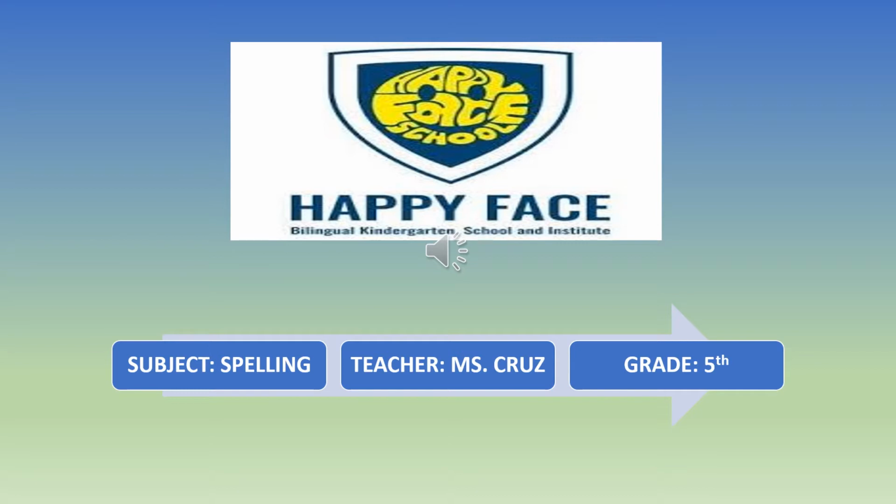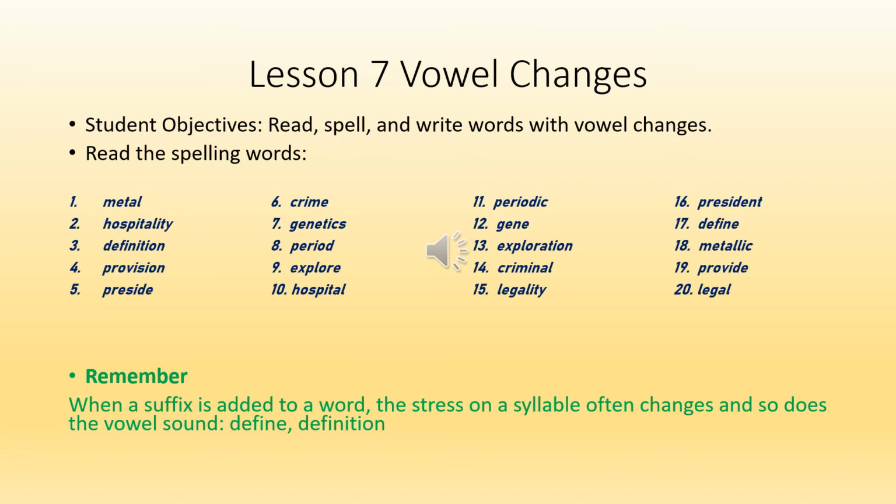Okay, let's start the lesson, please. The title is Vowel Change, and the objectives of this new lesson are that the student can read, spell and write words with vowel change.